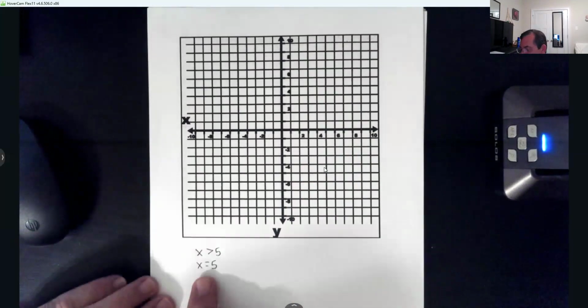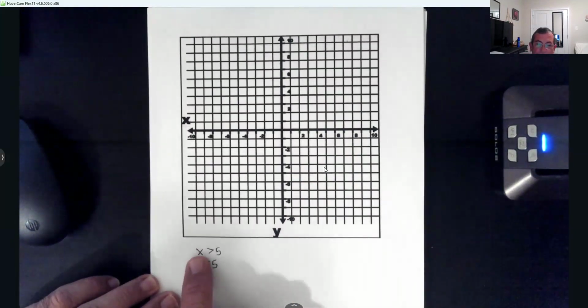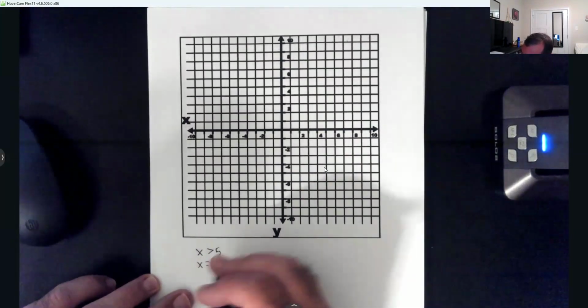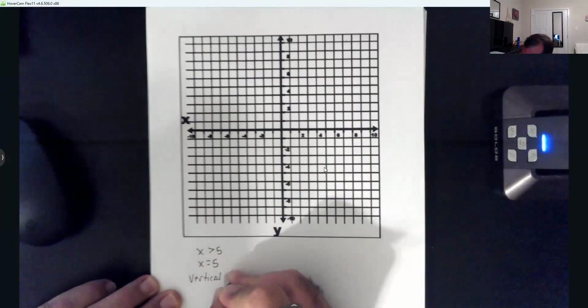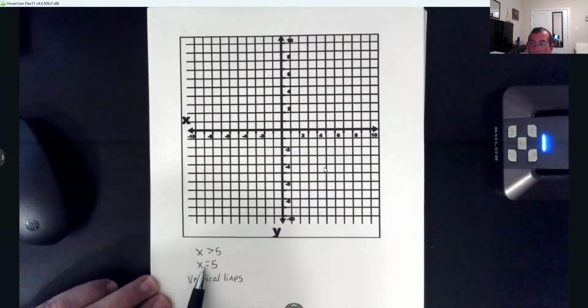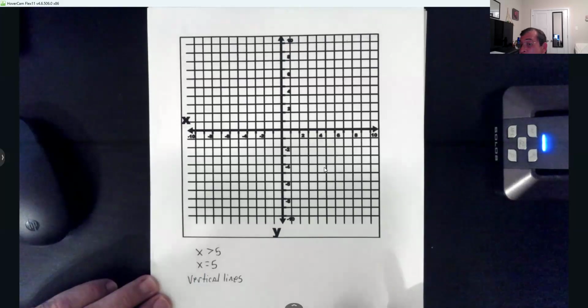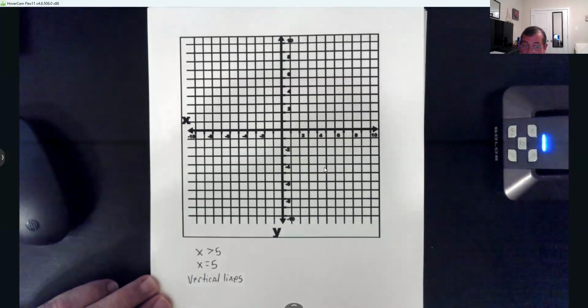Now, anytime you got X is equal to a number, X is greater than a number, these are going to be vertical lines. X's make vertical lines. When we do the Y's, they will make horizontal lines, okay?